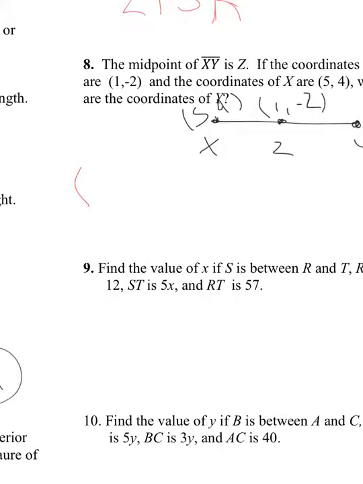Parentheses, let me use a black pen. X1 plus X2. 5 of it is X1. You don't know X2. Sorry, the pen I'm using for this is not working very well on the screen. Divided by 2, but you don't just stop there.